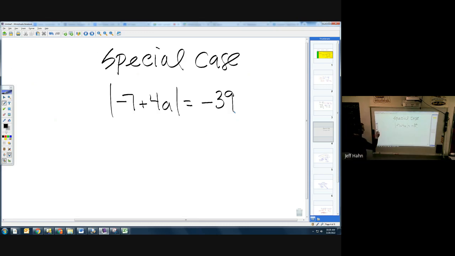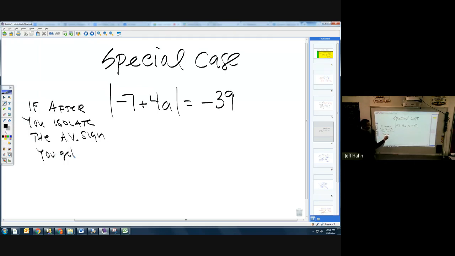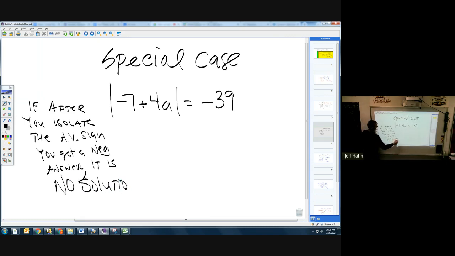If, write this down, if after you isolate the absolute value sign, you get a negative answer, it is no solution. I'll let you write that and then we'll talk about it just briefly.